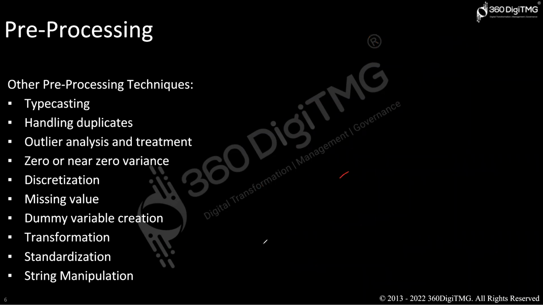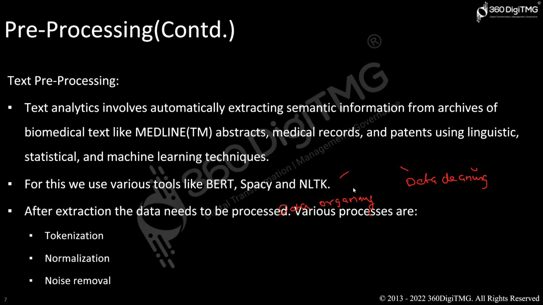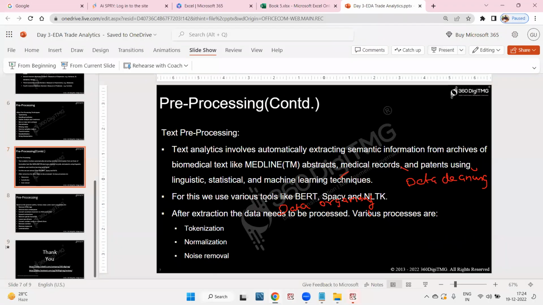In data preparation, what we do is data organizing and data cleaning. That's also what we used to cover. So in data pre-processing, we have to do two kinds of pre-processing.